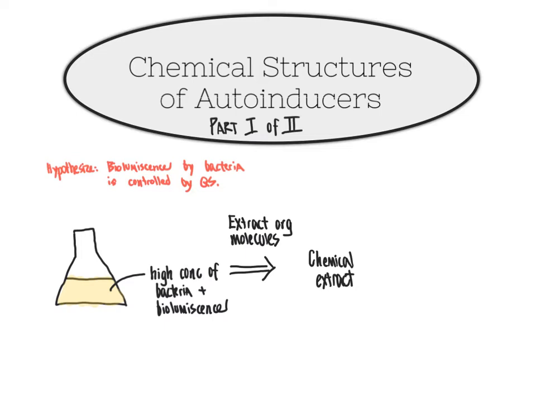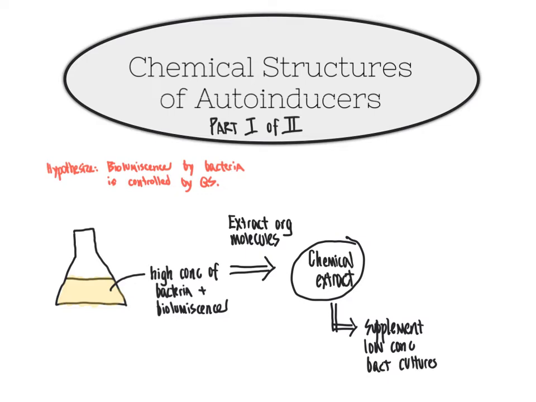Assuming that chemical extract does indeed contain a quorum sensing molecule, an autoinducer, what we could do is take that chemical extract, that mixture of different compounds produced by the organism, we could supplement non-dense, low abundance, low concentration bacteria cultures with this chemical extract.